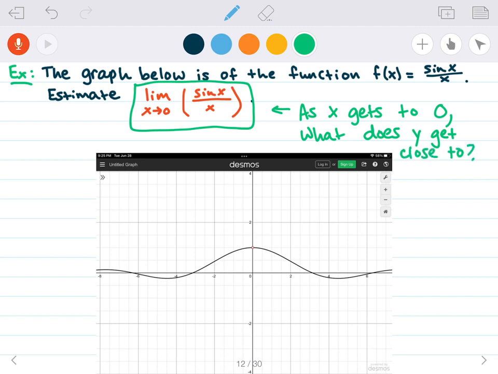That's what this means. Now, if you notice, at x equals 0, the y value is undefined. There's a hole there, but that's okay. Holes don't matter with limits. They don't matter at all. All we care about is getting really close to when x equals 0.